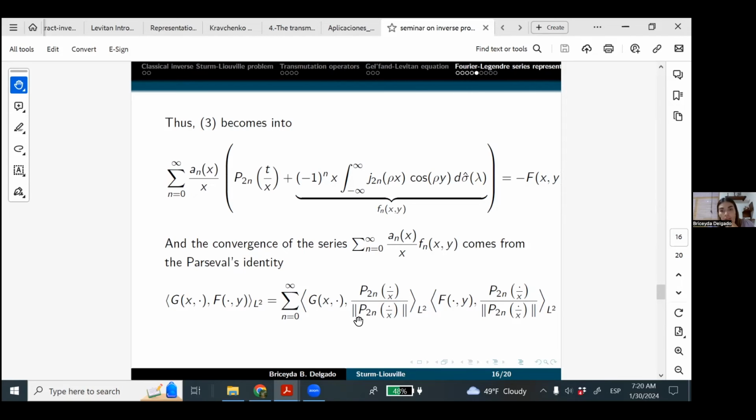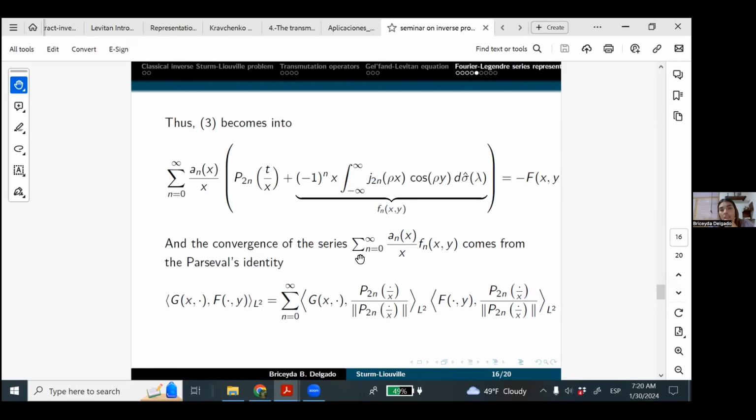Here we are taking the product of this product, and here we are using that this is an orthogonal basis. If we use the orthogonality here, this expression will be exactly the coefficients, the series of the coefficient divided by x, and this expression will be exactly the function f sub n.